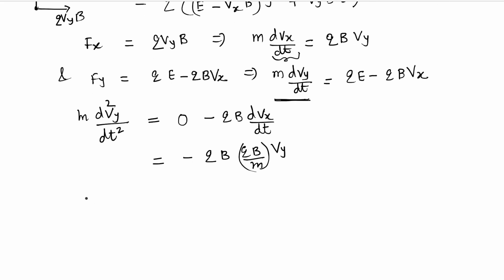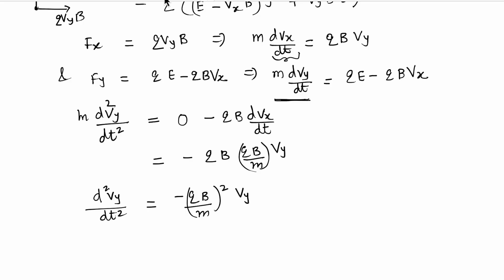So I'm sure you will find this equation quite familiar. So we write d2Vy by dt square equals minus (qB by m) whole square Vy.